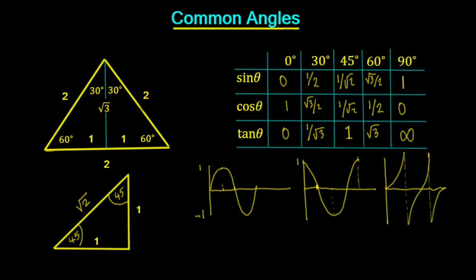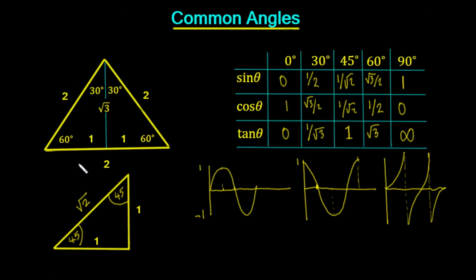So in order to derive these common angles for sine, cosine and tan, we need to remember a few things. The first one is an equilateral triangle of length 2. From that we can derive all of the angles and all of the lengths, and from those we can work out the sine, cosine and tangent of 30 and 60 degrees.